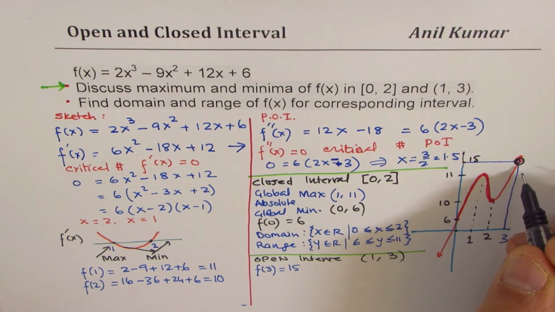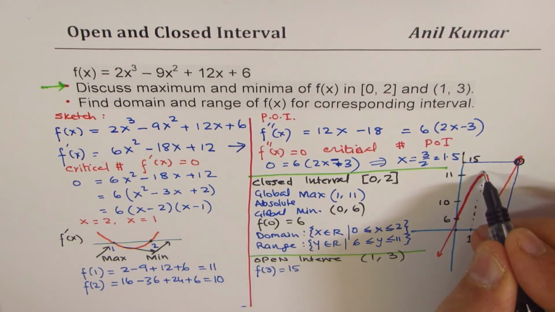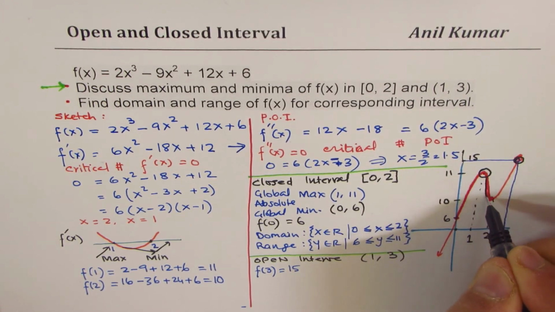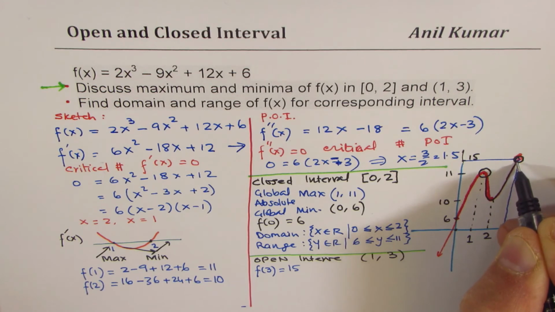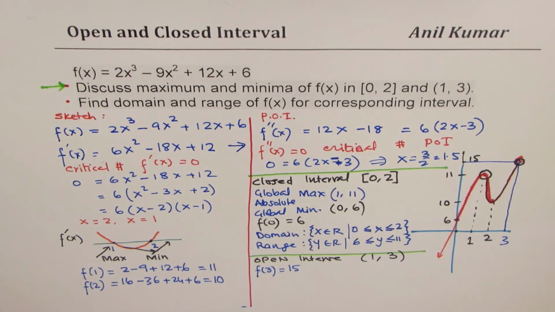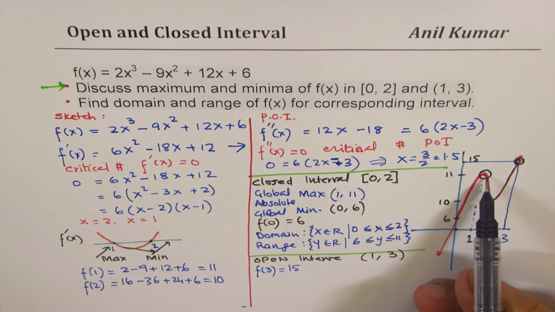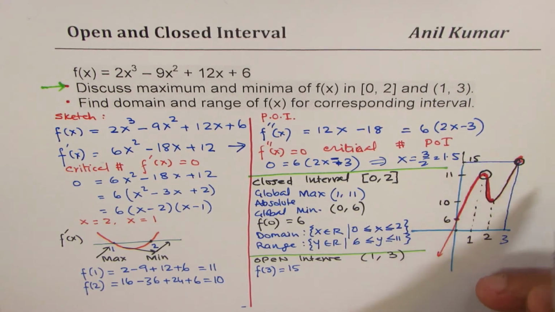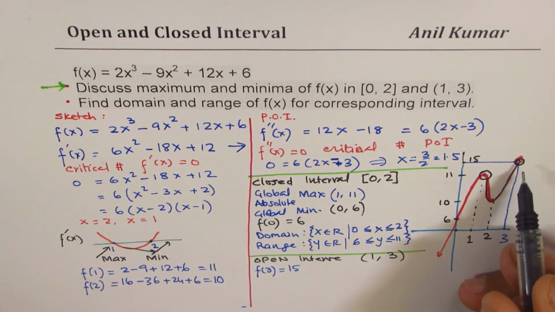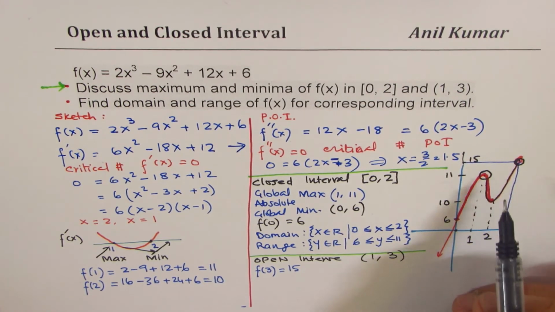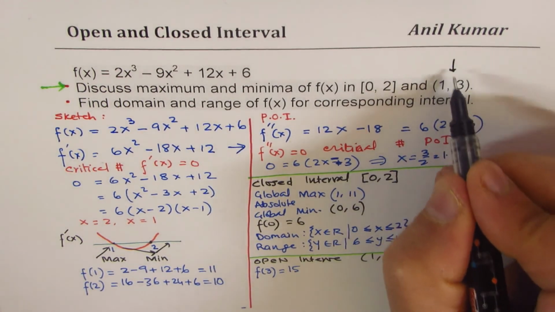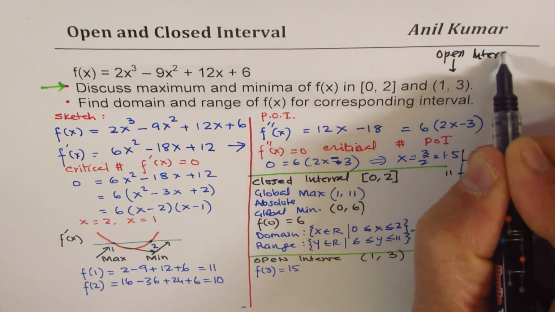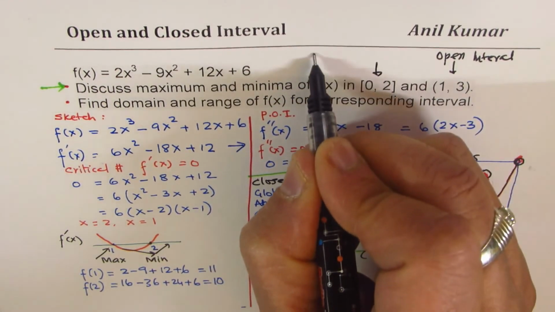So we are working from the interval 1 to 3, this circle to that circle. This is the part of the graph we are working with now. So all the answers will be based on not including the point (1, 11), not including the point (3, 15), but everything in between. That is what we mean when we talk about open interval. Is that clear?